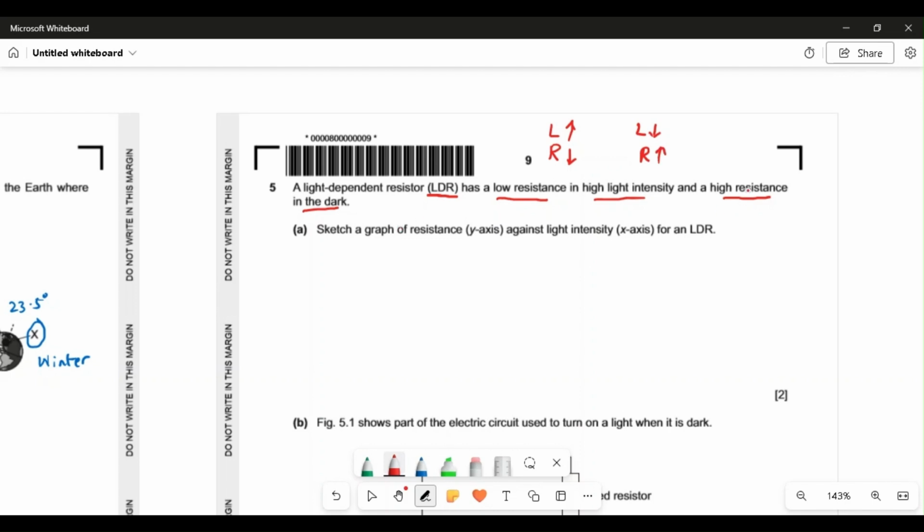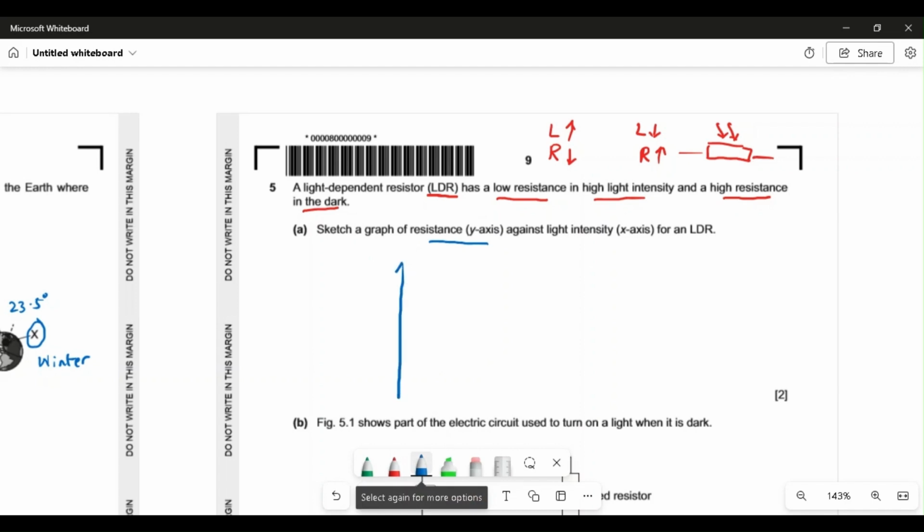One more thing we need to remember: a light dependent resistor is like a normal resistor, but we have to show that the light is falling on it. Here we are asked to sketch the graph with resistance on the y-axis. Let me draw.